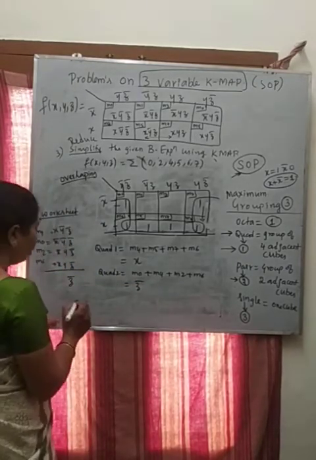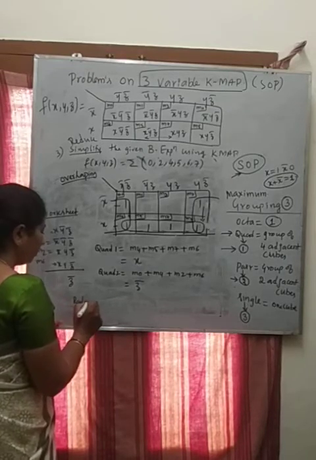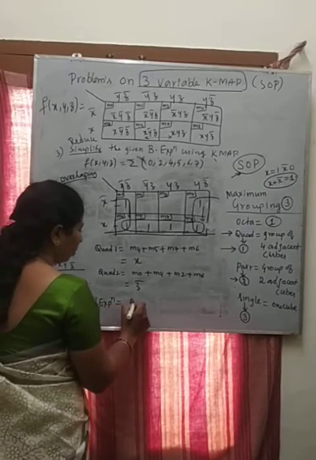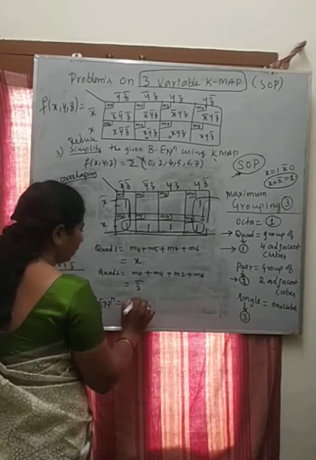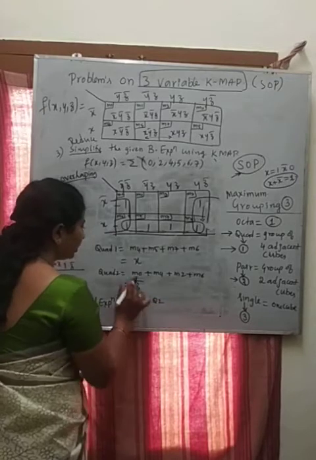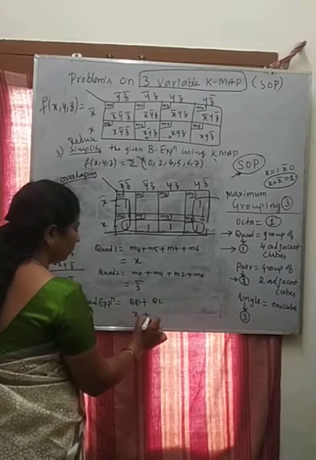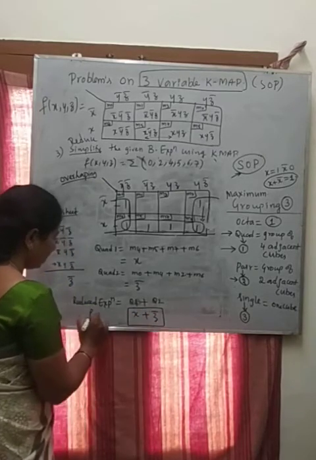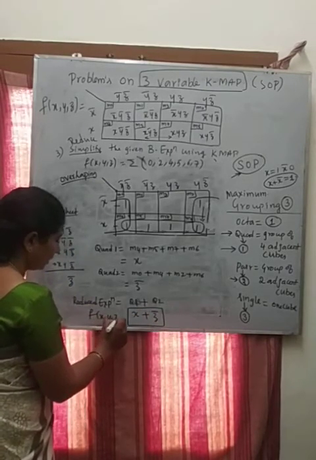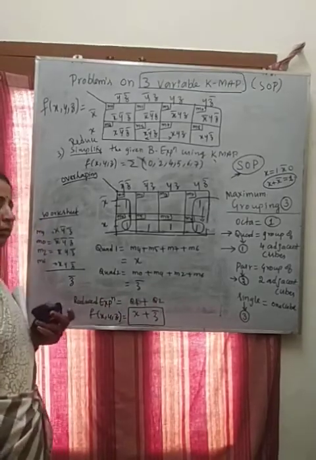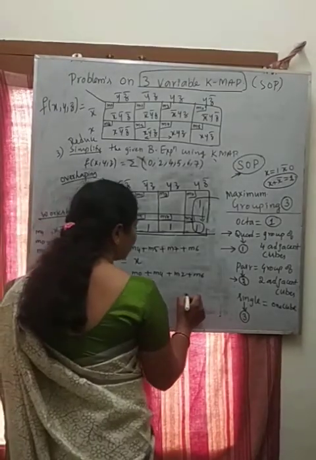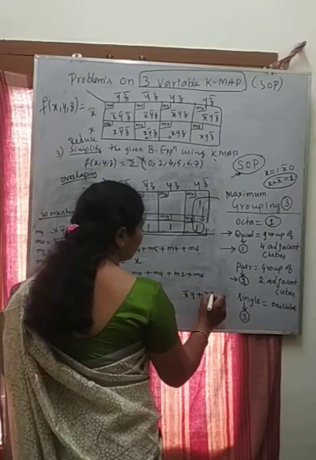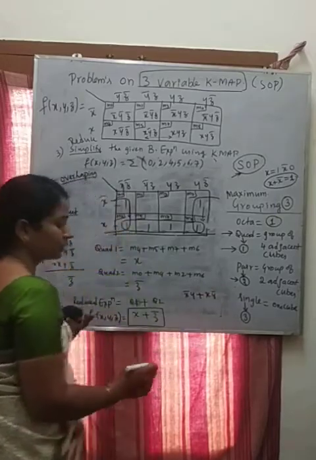Please remember how to write this one. Reduced expression equal to quad 1 plus quad 2, that is Q1 plus Q2. What is Q1? X plus Z bar. This is your result. F of X, Y, Z equal to. Earlier, there was a term with two variables.